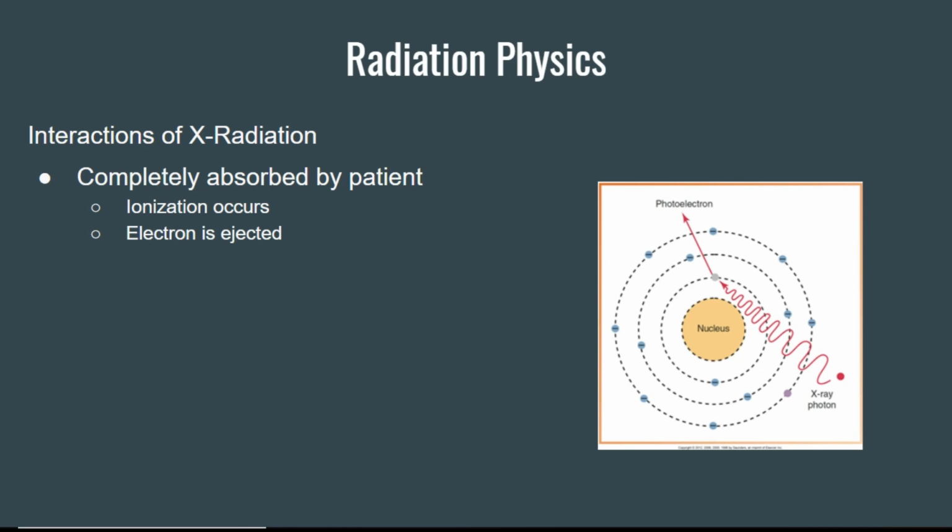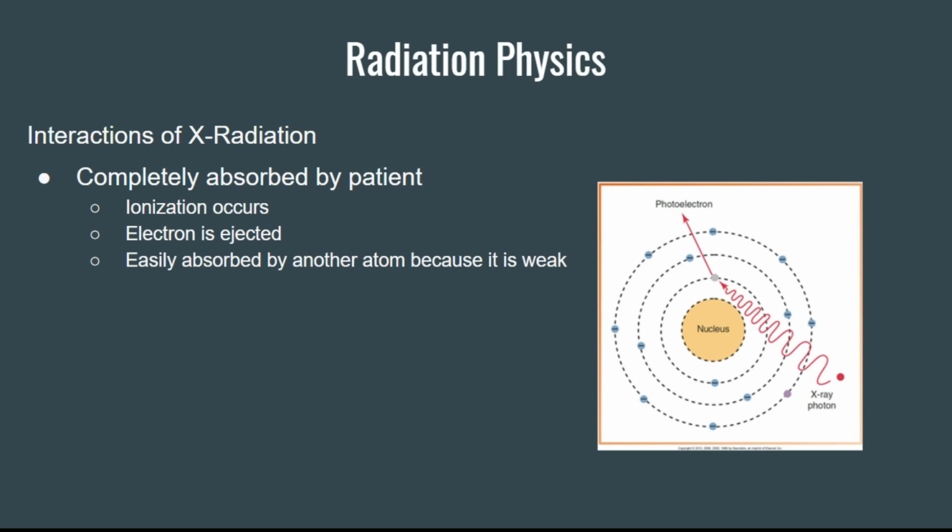And it doesn't have very much energy, so it can very easily be absorbed by other atoms. So once that X-ray comes into contact and begins to be absorbed, that electron is ejected and becomes a photoelectron, and that photoelectron is a negative charge, but easily absorbed because it is weak. It has little energy.